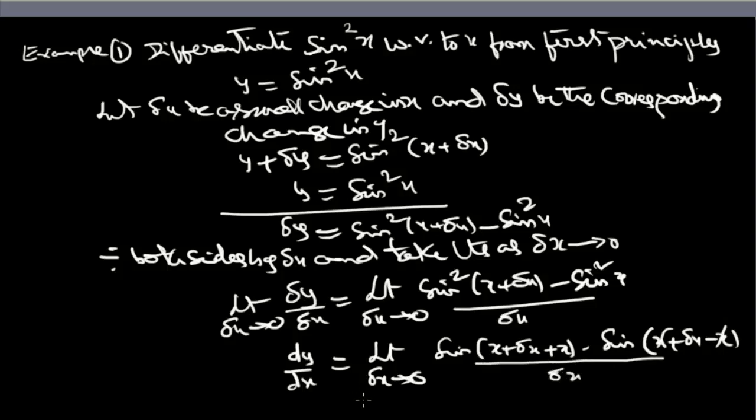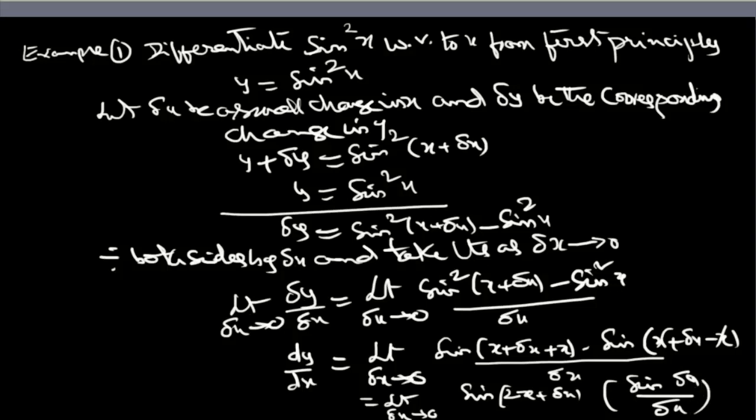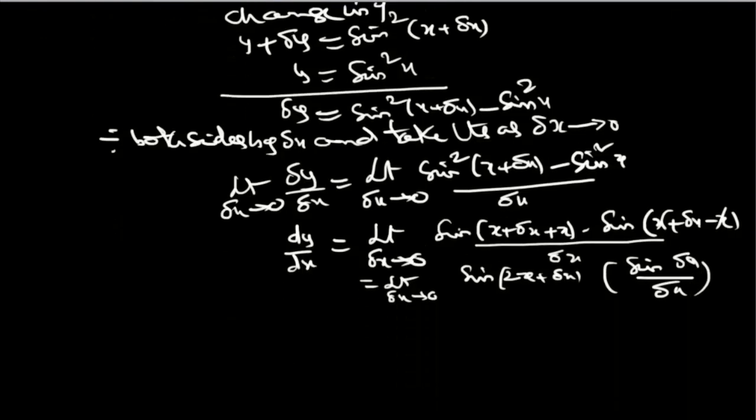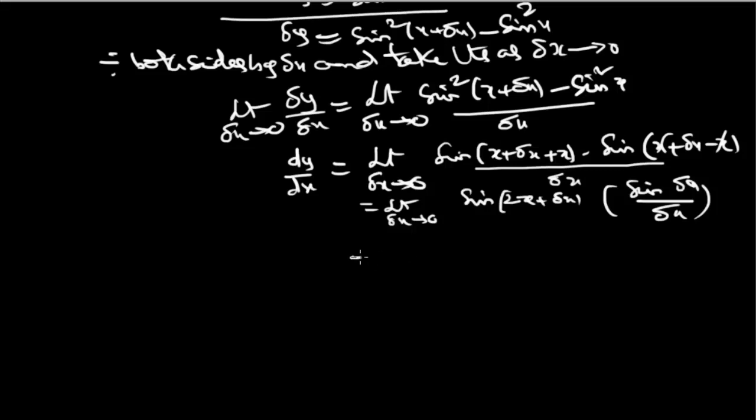So this becomes limit delta x tending to 0 of sin of 2x plus delta x, and then in a bracket the rest of it you write sin delta x by delta x. Now on the right hand side, where delta x is there you write 0, and here sin delta x by delta x you write as sin theta by theta, theta tending to 0, is 1.